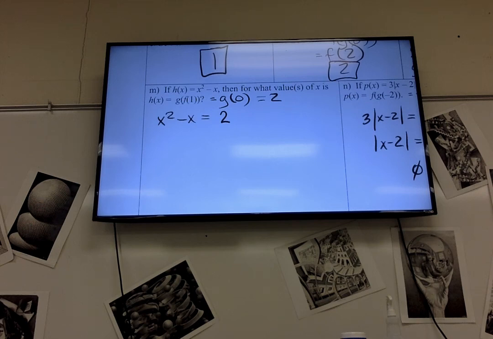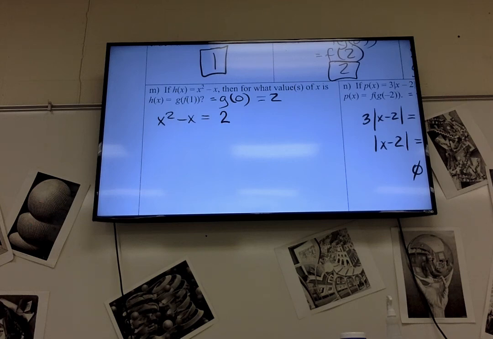No, because it's got an x squared and an x. Would you do what, Justin? Yeah. If you have an x squared and an x, and this happens a lot every year, you factor, or use the quadratic formula.